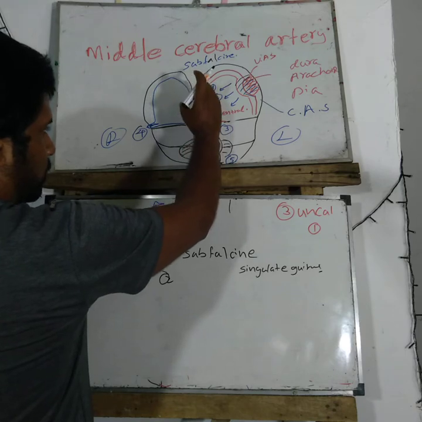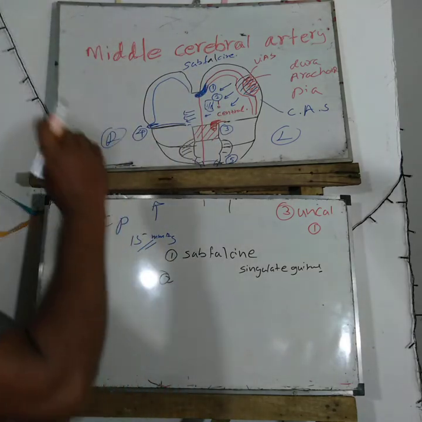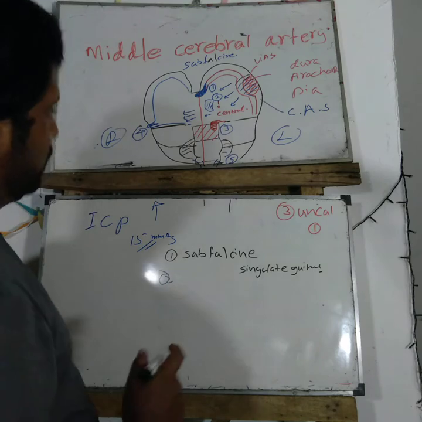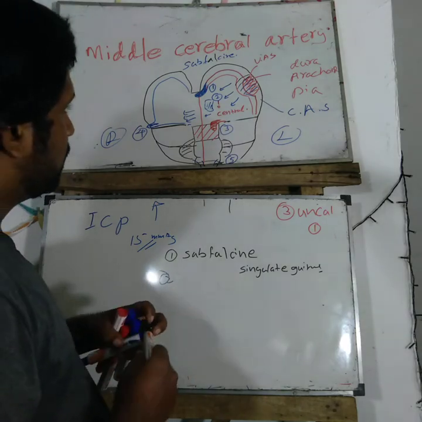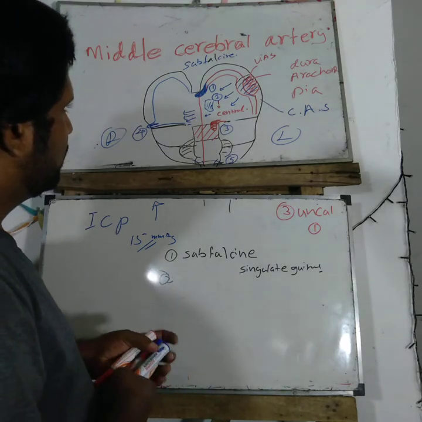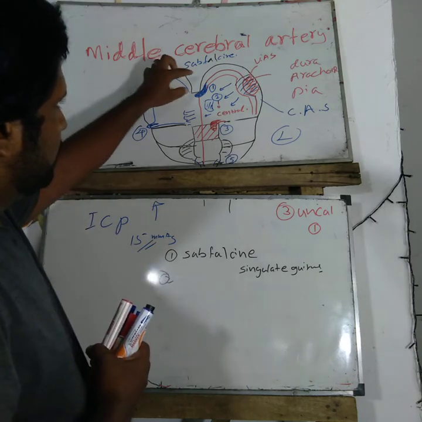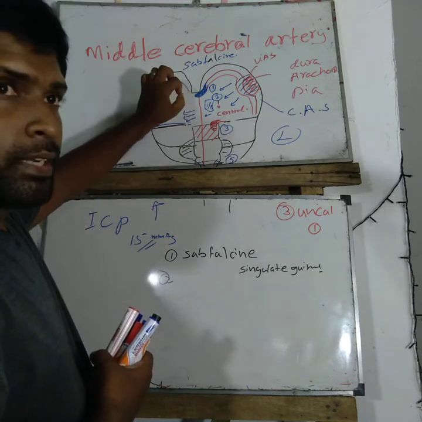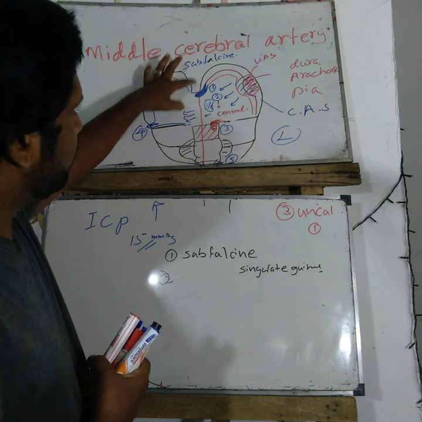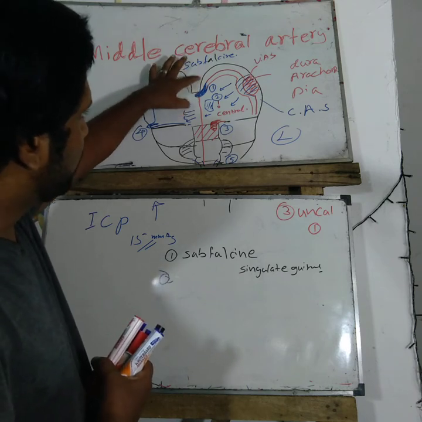Also, we can get some idea about this compression in the cingulate area. Consider the homunculus. This is the leg area.